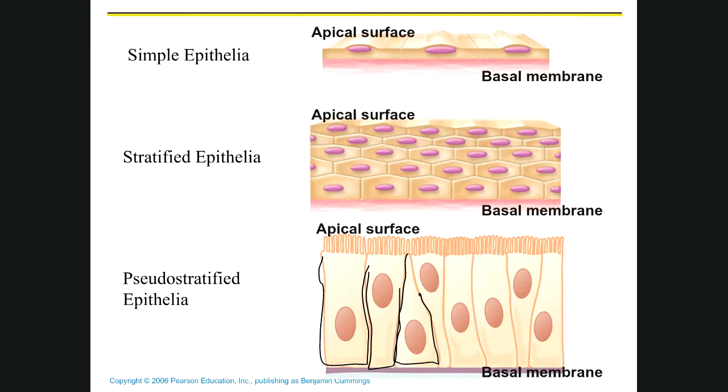So what confuses or tricks us is that the nucleus is at different levels in the cell. So the level varies. And if you line up nuclei, it's going to confuse you. So it's fake stratified. Does everybody understand those? Can everybody see the simple, stratified, and pseudo-stratified and why they're called that?